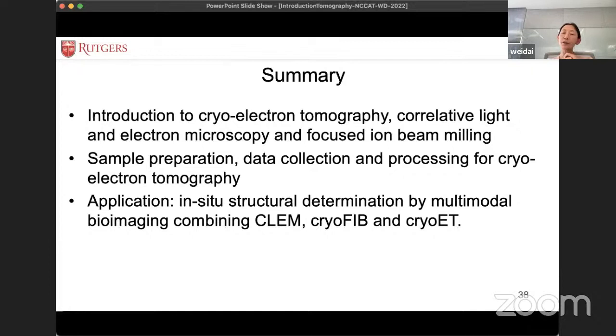I used one example to show you how cellular tomography can be combined with FIB milling and CLEM for us to be able to understand the structure and function of our target in native cellular environment.